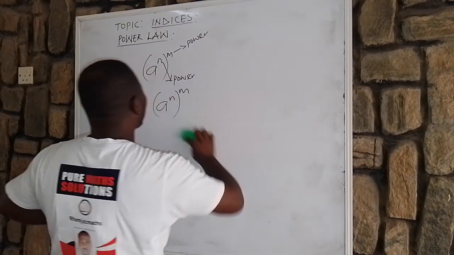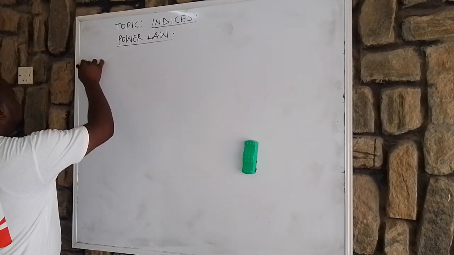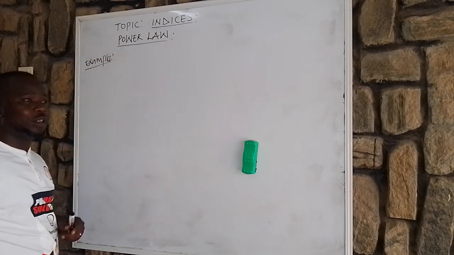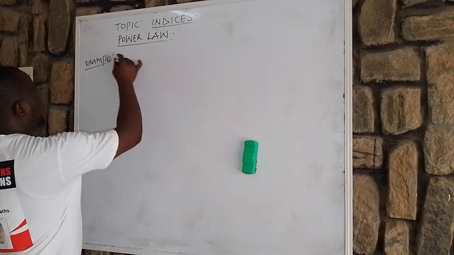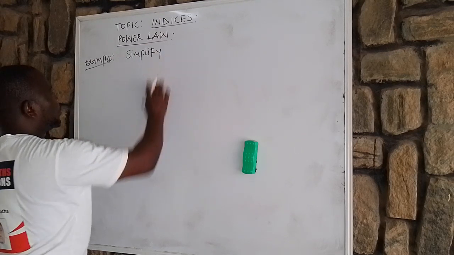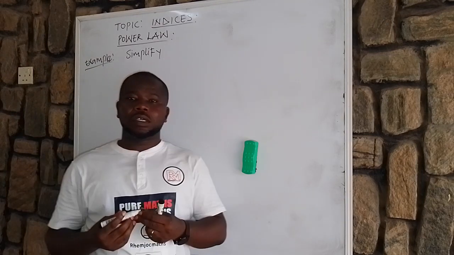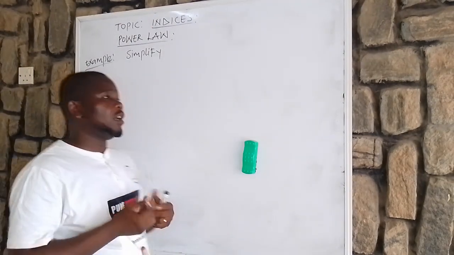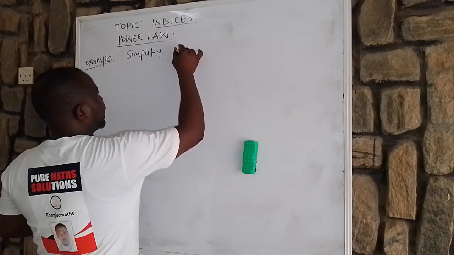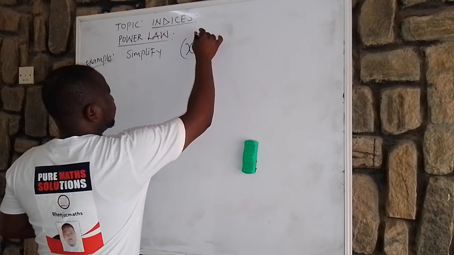Let us try another one. Assuming you are asked an example, I hope you are following. If you have any question, don't hesitate to ask. If you are asked to simplify or evaluate, sometimes your teacher or your lecturer will use the word simplify: x raised to the power of 2, open bracket, raised to the power of 5.